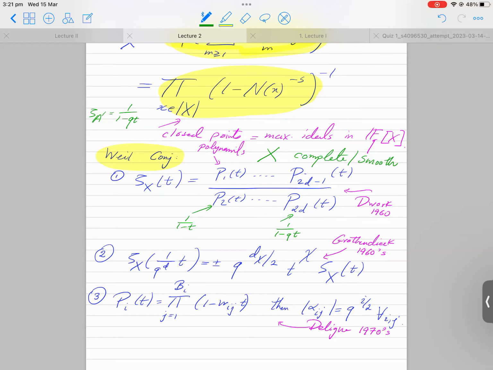In fact, Deligne discovered these analogs for the non-singular case, and that discovery, his second paper on the Weil conjectures, turned out to have a lot more application. I think most of the applications of the Weil conjectures come from Deligne's second paper, not the first. That's the yoga of weights.